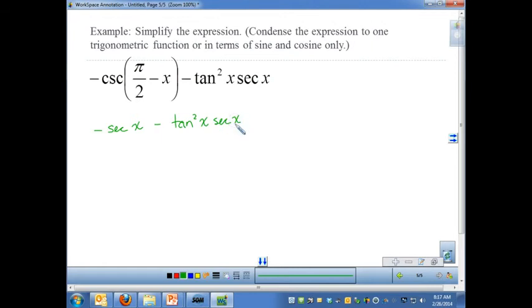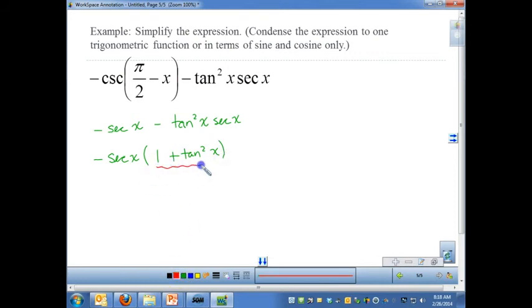Now, in this one, we could change everything into sine and cosine, but what I notice is that in my Pythagorean identities, there's one that already has tangent and secant in it. So this looks a lot like the last problem that we just did. I could factor out a negative secant of x, and that would leave me with a 1, and over here a positive tangent squared of x.